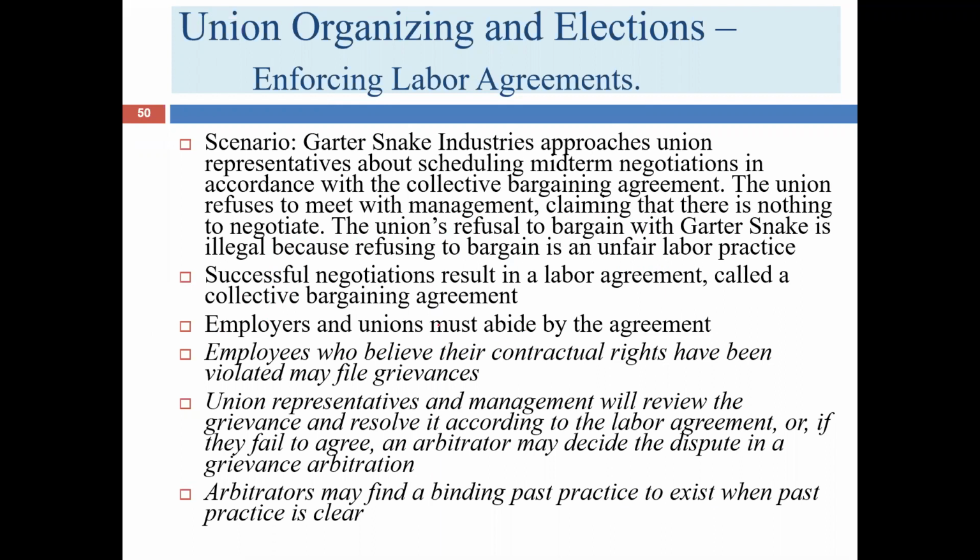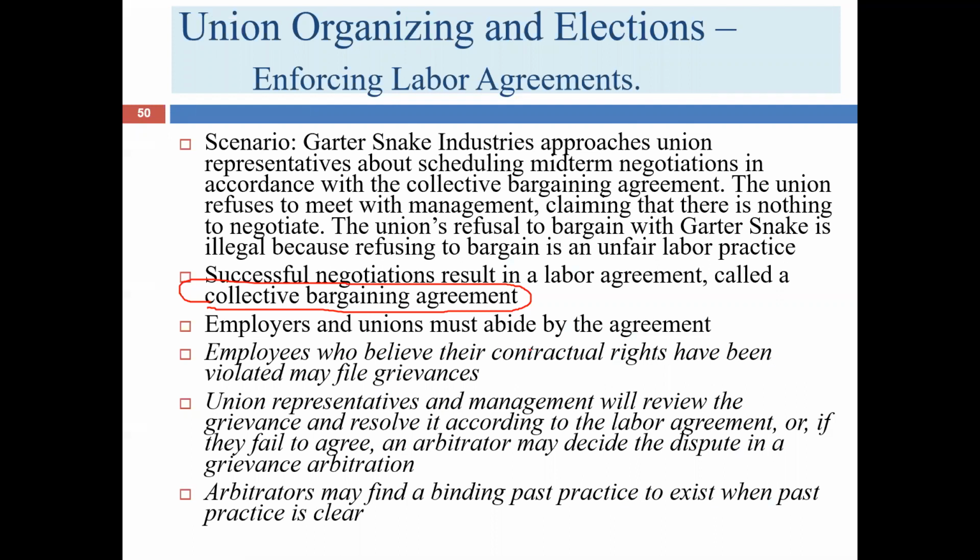Okay, so the actual agreement, when it's reached, is called a collective bargaining agreement, oftentimes abbreviated into CBA. Both the employer and the union must abide by the contract. It's just a contract, it's enforceable.